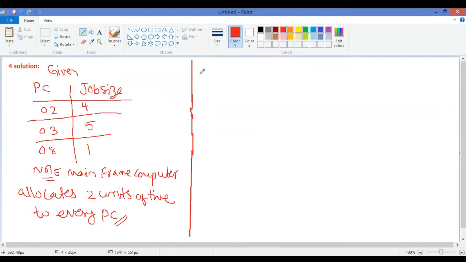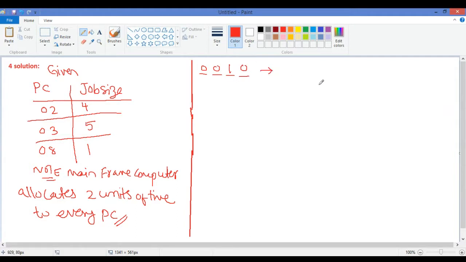Now tell me, is PC0 present here? No. So it will go for the next higher number. 0 is not there. Then next is 1. Is 1 there? No. Is 2 there? Yeah, 2 is there. So this is 0, 0, 1, 0. This is 2, correct? So 2 will execute.